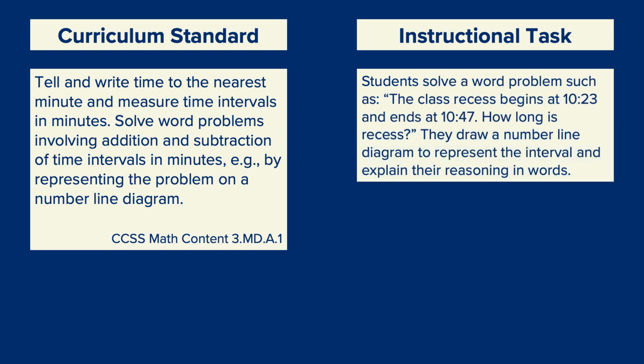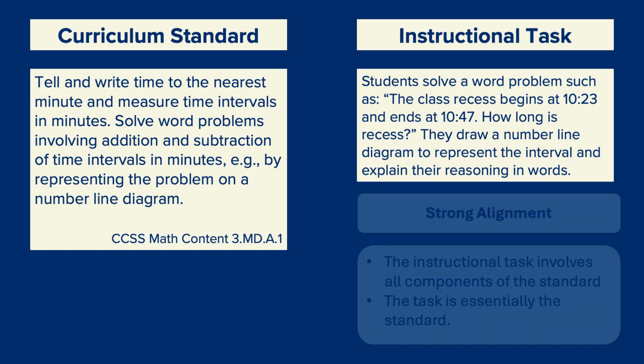And then finally, maybe we see an example like students solve word problems such as the class recess begins at 10:23 and ends at 10:47. How long is recess? And then they draw a number line diagram to represent the interval and figure it out and then explain their reasoning in their own words. So for me, this would be a strongly aligned task.